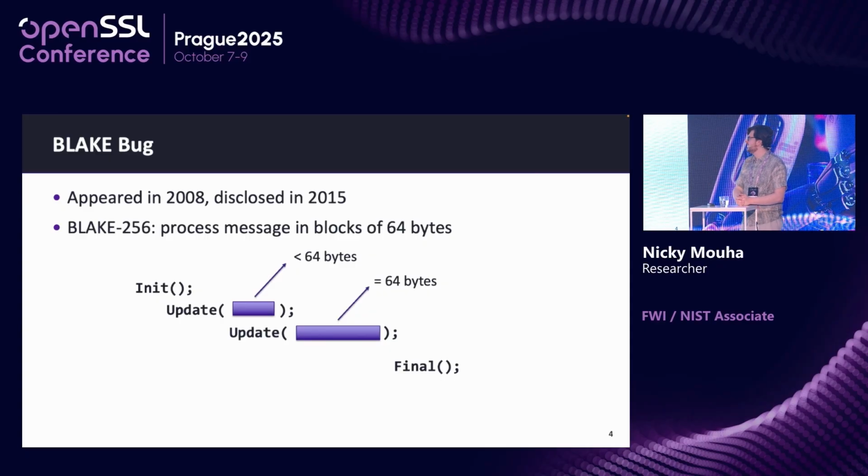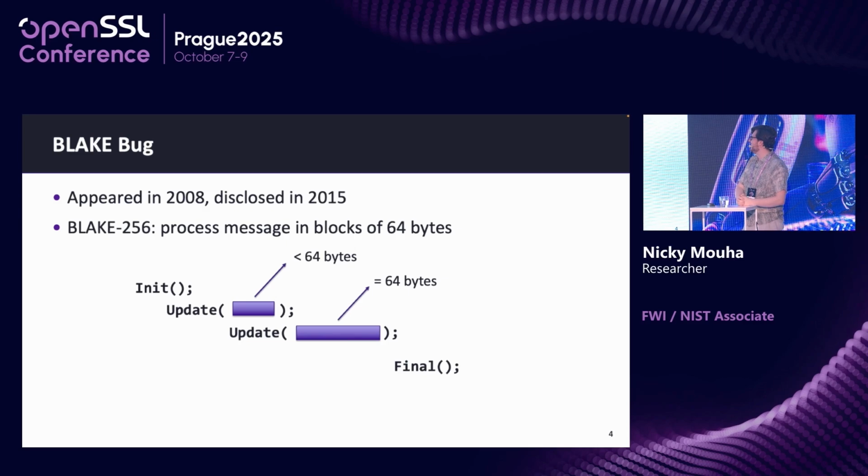Since 2008, there is a bug that was present in the code. An earlier slide used to say introduced, but then people at NIST told me it seems it was intentional, so let's just say the bug appeared somewhere. So the bug appeared in 2008.